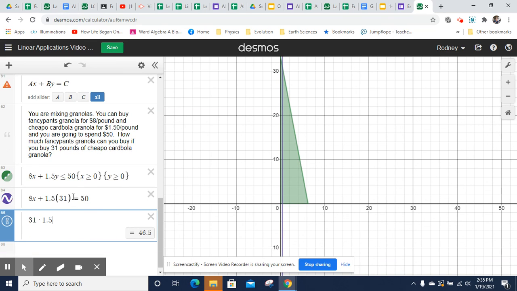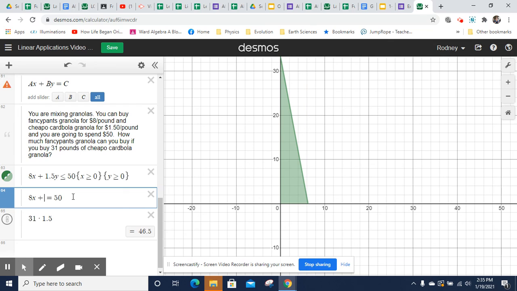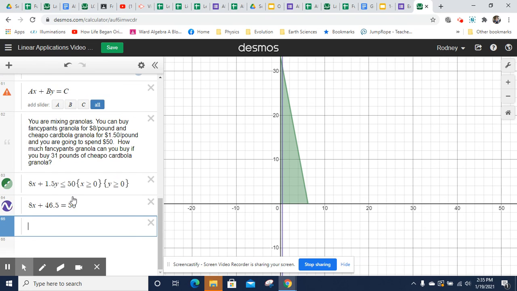That's 46.5. And then we can subtract 46.5 from 50 and actually subtract it from both sides. So we're left with 8x on the left because we got rid of the $46.5 that we're spending on the cheapo stuff. On the right, 50 minus 46.5 is going to be 3.5.